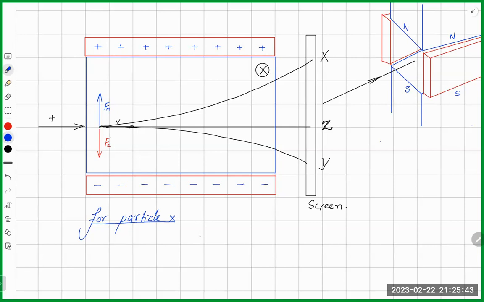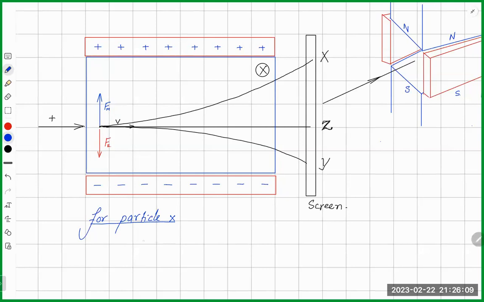Yes, because magnetic force is not only affected by the charge, it can also be affected by the velocity. So it can be a reason of velocity. And if all the charged particles are identical, for example, they are all alpha particles, we can say that X particles are faster than the rest of the particles.